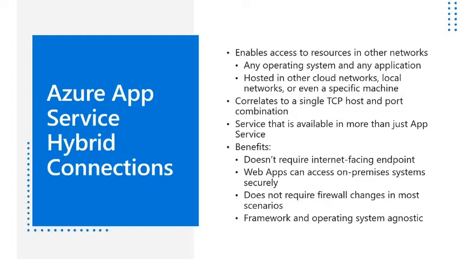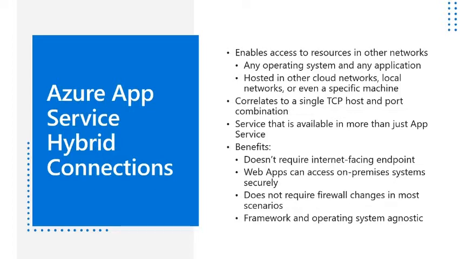This means that the hybrid connection endpoint can be on any operating system and any application, provided you are accessing a TCP listening port. So the hybrid connection feature does not know or care what the application protocol is or what you are using. It's simply providing network access.